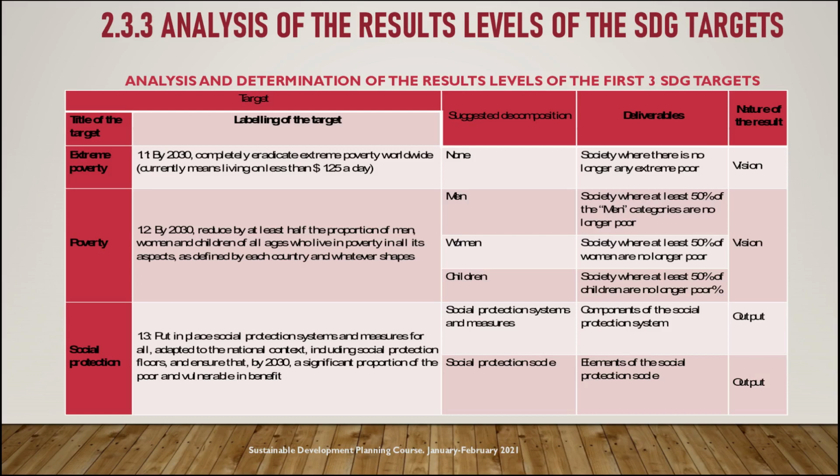But we may find that by performing the causal analysis of the two visions, as they are under the same goal, they may be linked to that vision. There may be some inputs for those visions that have appeared through the analysis here. So we need to make some causal analysis to see why they are still poor today, to know what to do so that in 2030 we have a society where there is no extreme poor, and so on and so on.